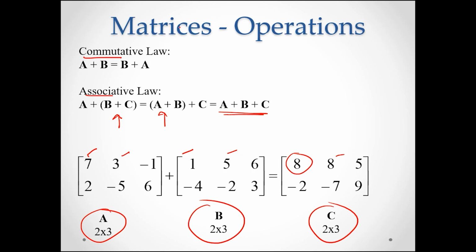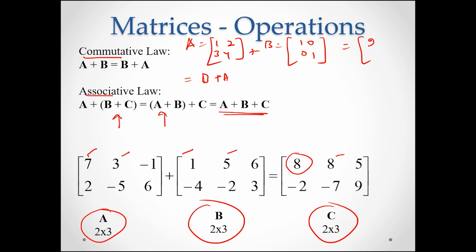So let's just discuss the commutative law. If I have A equal to 1, 2, 3, 4, and B is equal to, let's say, the identity matrix. So if I add A plus B, this will be 2, 2, 3, and 5, right?